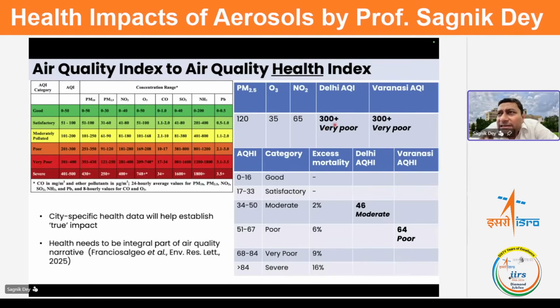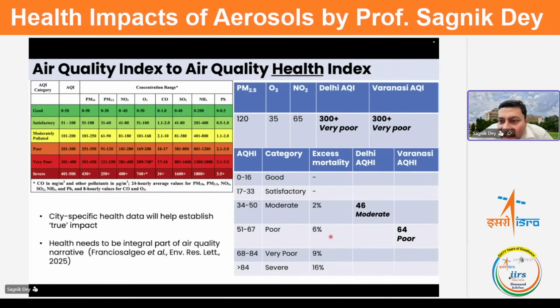Now, if you do not consider health impact, both for Varanasi and Delhi, you have a similar level of air quality, right? AQI is 300 plus, so it's very poor. But using actual health data from both Delhi and Varanasi, what we have calculated is that for the same level of AQI, in Delhi there is a 2% higher risk of mortality, while in Varanasi there is a 6% higher risk of mortality.